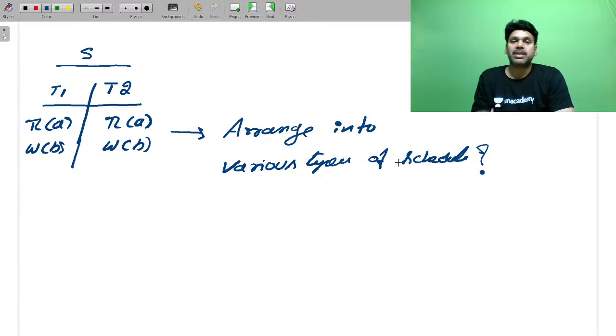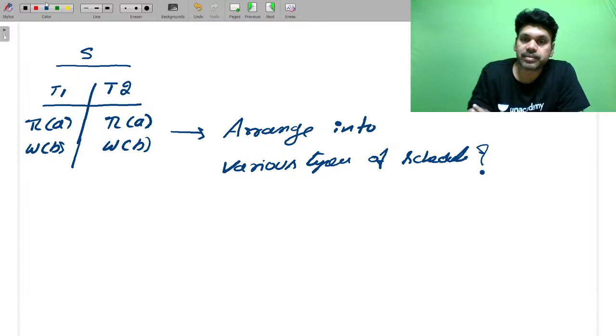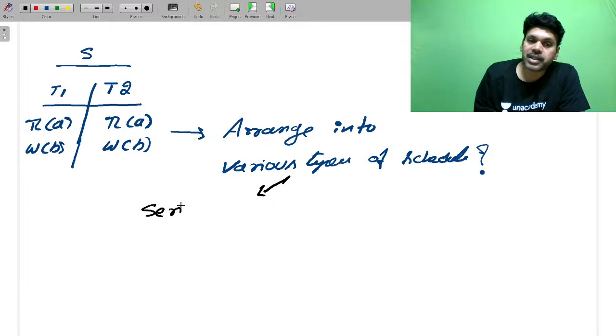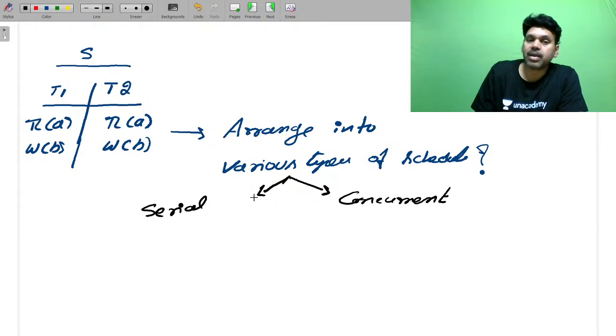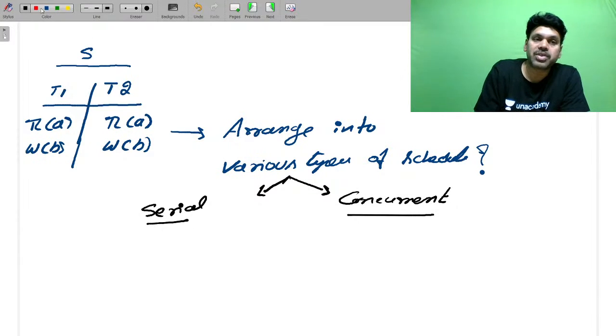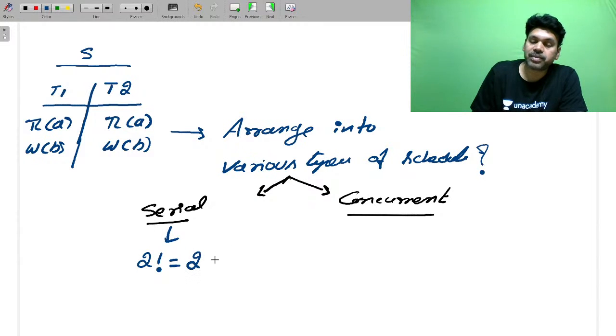So if you understand, some I'm going to identify as serial execution, some as concurrent execution. You know how many are serial and how many are concurrent, and based on that we are going to segregate. Serial schedules are 2 factorial, which is nothing but 2.